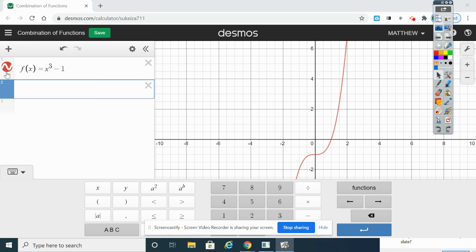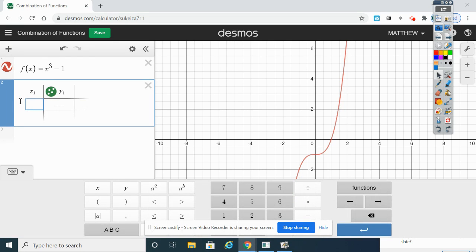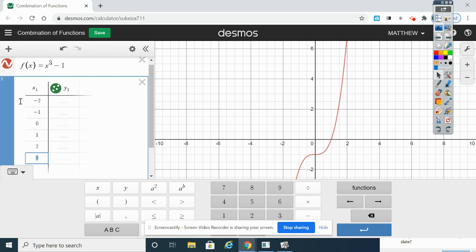This keeps coming back and bugging us. When I'm in the second text box, I'm going to click the plus sign, go to table. We're going to type in our values. We want negative 2, negative 1, 0, 1, and 2. And then over here, we're going to type f of x.